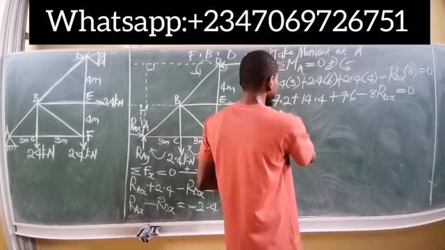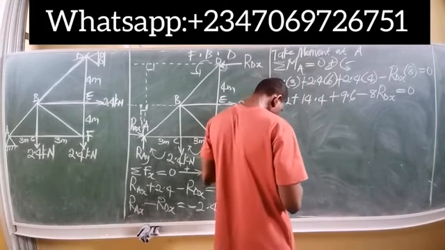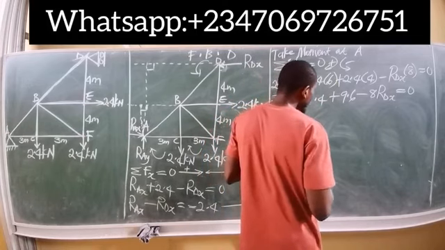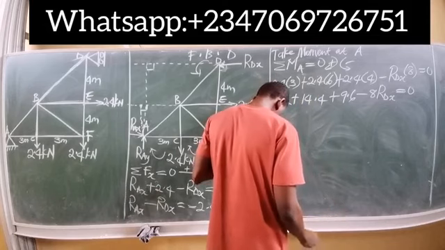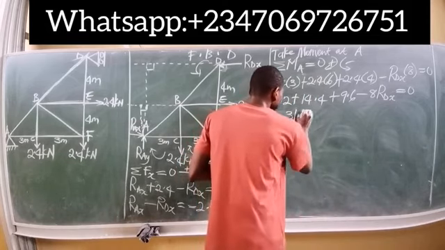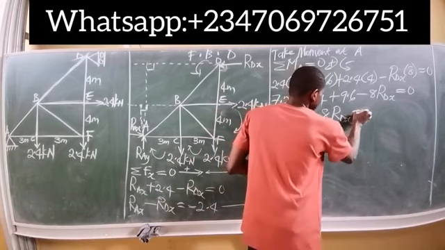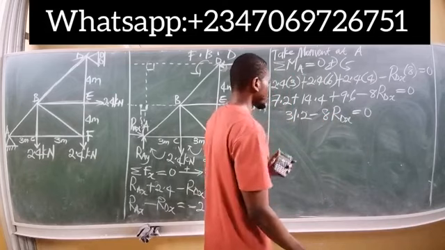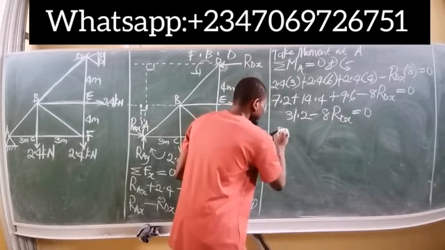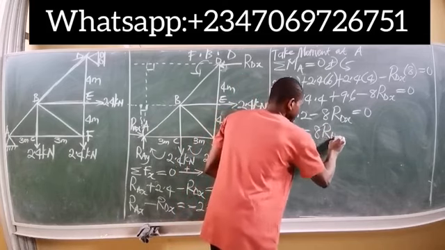So let's evaluate now. 7.2 plus 14.4 plus 9.6. We simply have that to be 31.2 minus 8 RDX, and this is equal to 0. So let's send minus 8 RDX over to this side of the equation. We simply have 31.2 is now equal to 8 RDX.